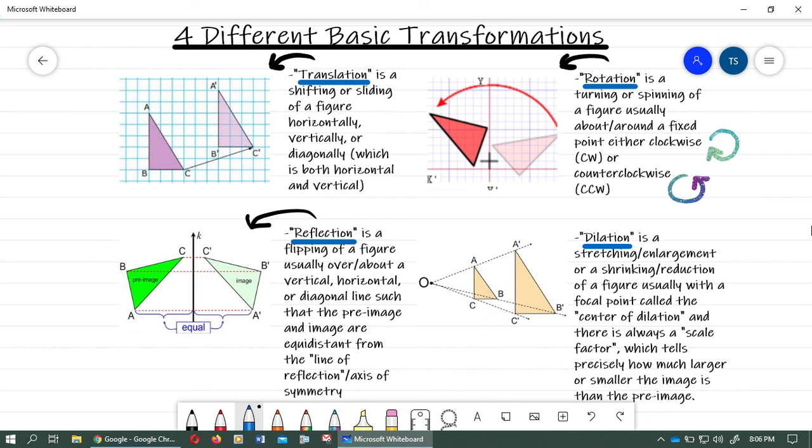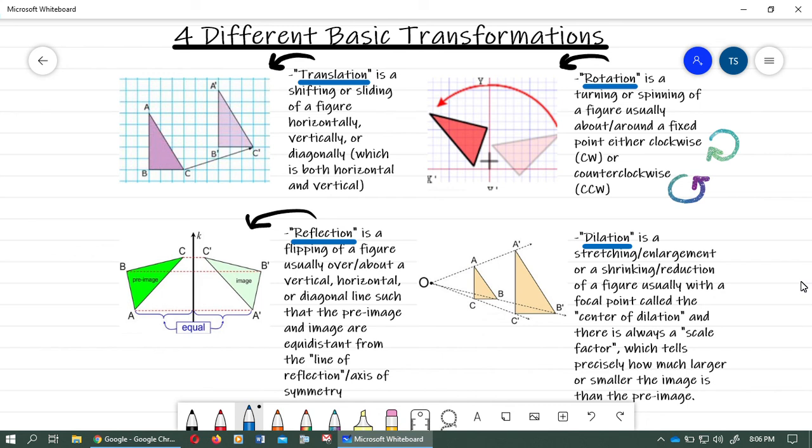Is it the translation? The rotation? The reflection? Or the dilation? So, which one of those 4 transformations does not belong with the other ones? Which one needs to be kicked out of the group?